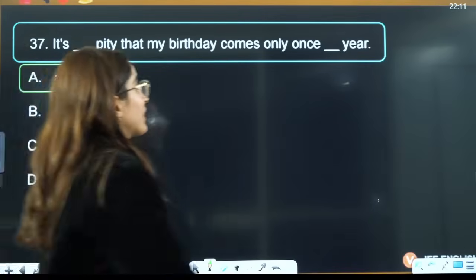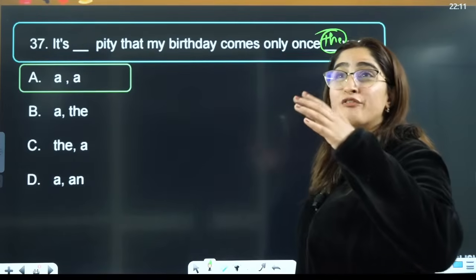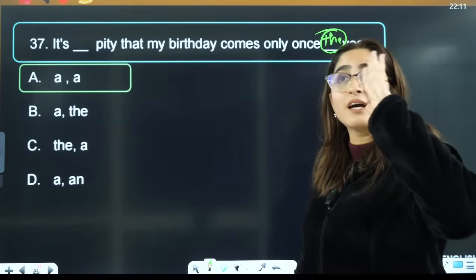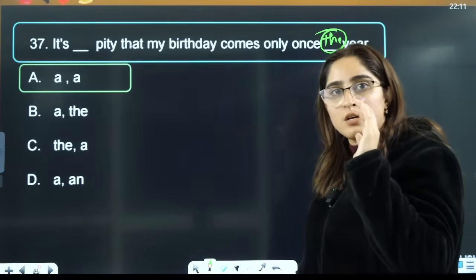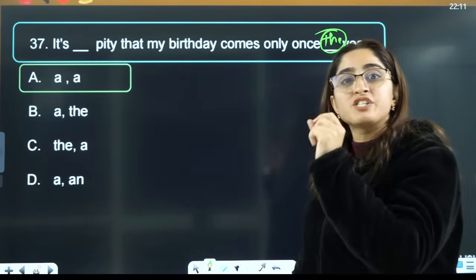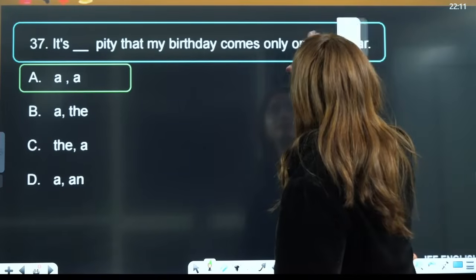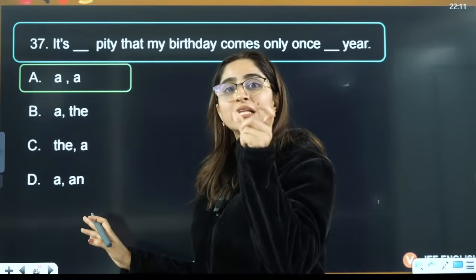Now you can't say the year, because you are not specifying that particular year. If I say the year 1996, the year I was born, the year 2001, then I specifically mention that year. Here I am not, that's why I can't say the here. I just saw some lightning here. That's why I'm not mentioning the here.